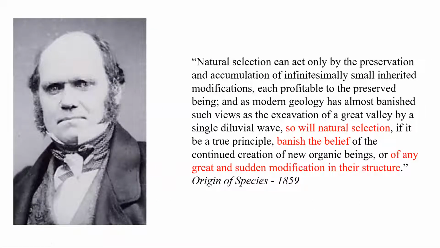So we see in Origin of Species, Darwin writing, natural selection can act only by the preservation and accumulation of infinitesimally small inherited modifications, each profitable to the preserved being. And as modern geology has almost banished such views as the excavation of a great valley by a single diluvial wave, so will natural selection, if it be a true principle, banish the belief of the continued creation of new organic forms or of any great and sudden modifications in their structure.